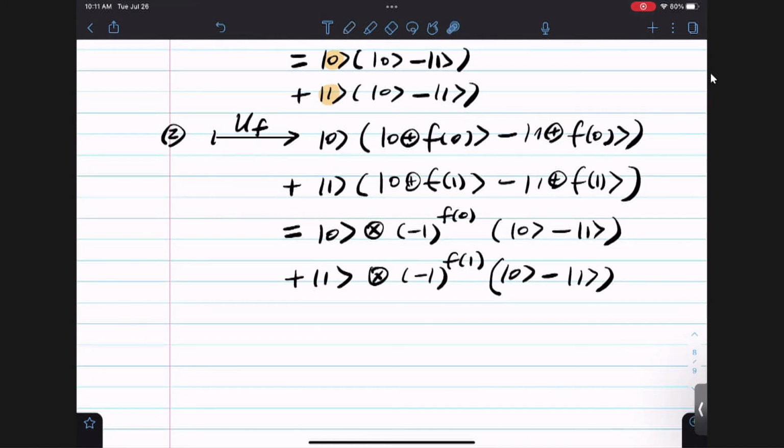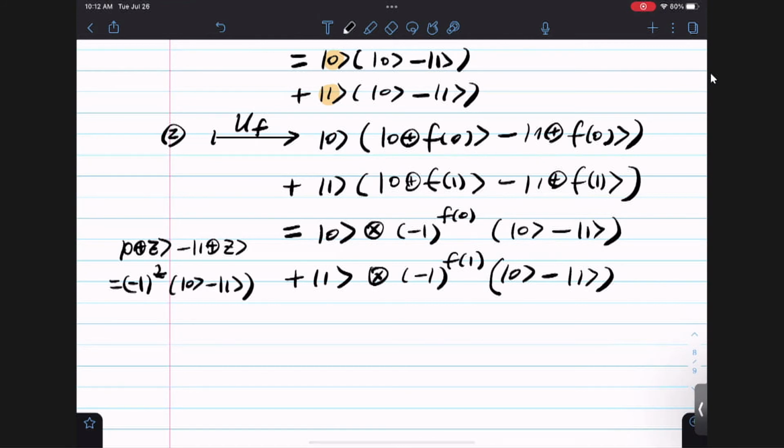So I claim that I can rewrite these two terms by pulling out some sign and then we're left with just the simple |0> minus |1>. And basically what I'm using here is a simple identity, which is for any z here, you can pull out (-1)^z and be left with |0> minus |1>. So you can verify this identity. So that's what we used here.